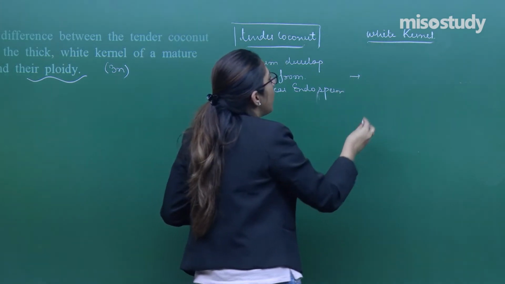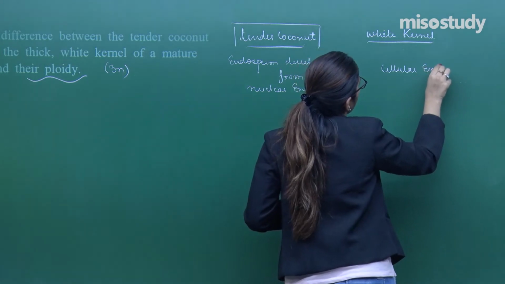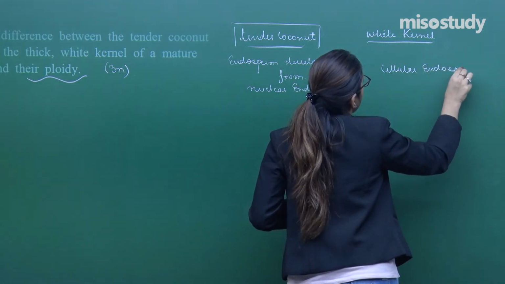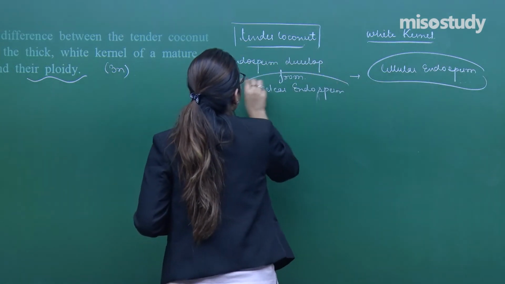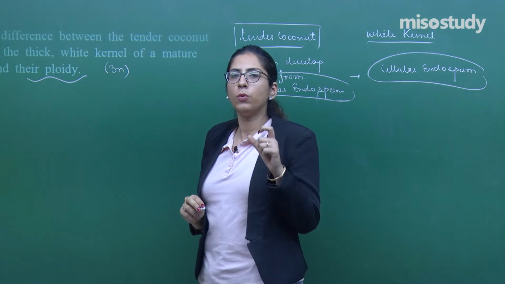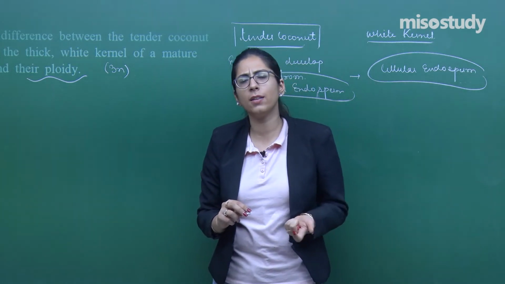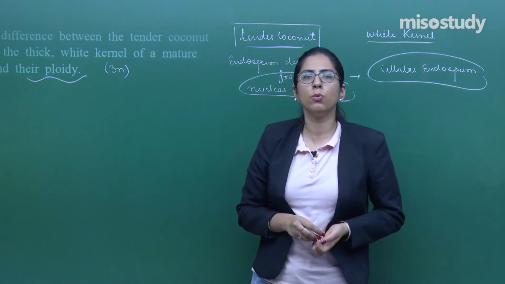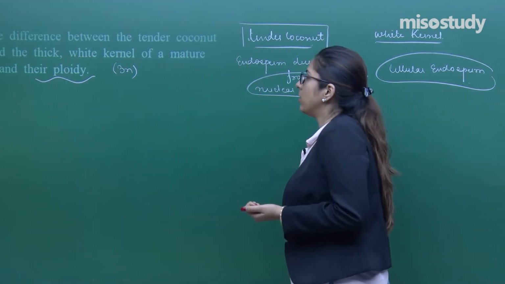In the white kernel, it develops from cellular endosperm. This is the basic difference between the white kernel and the tender coconut water. You have to answer this briefly, 3 to 4 lines, that's it. It is enough for your 2 marks question, and this is how you have to answer.